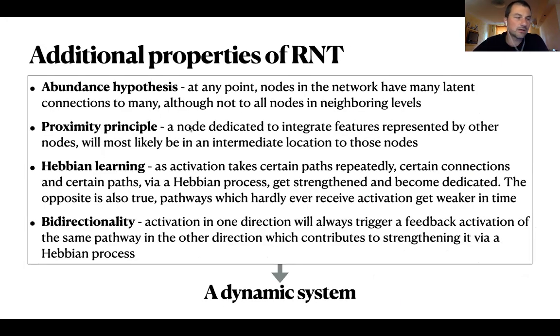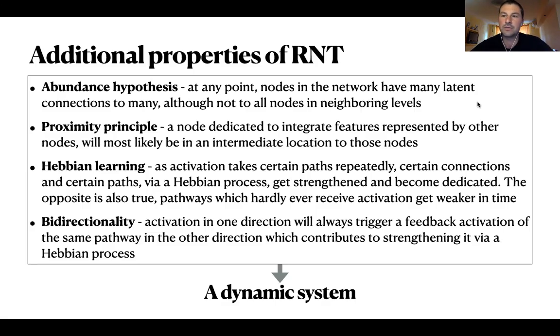Besides those three properties, the model also posits some other properties which are important for understanding how the system works. First of all, the abundance hypothesis states that at any point, nodes in the network have many latent connections to many, although not to all nodes in the neighboring levels.